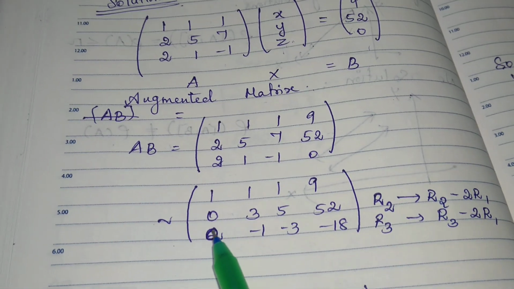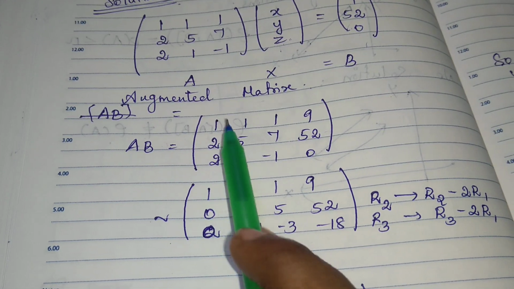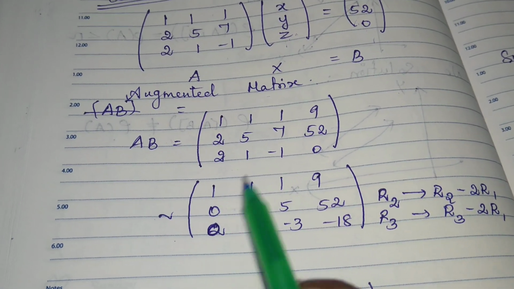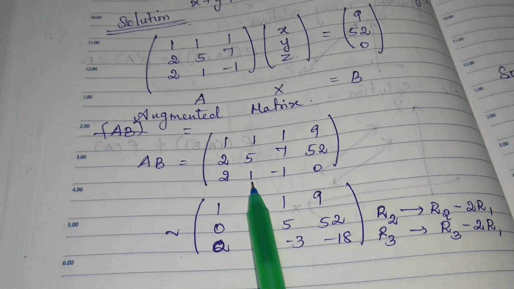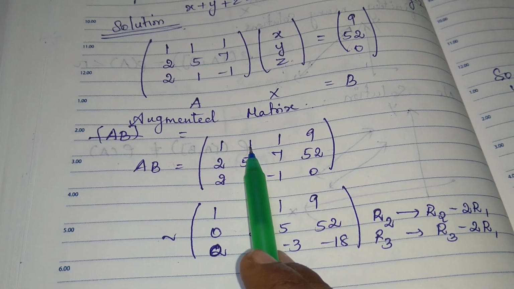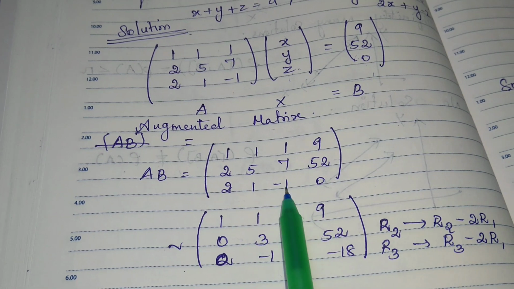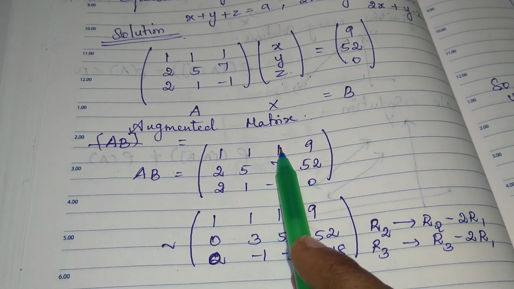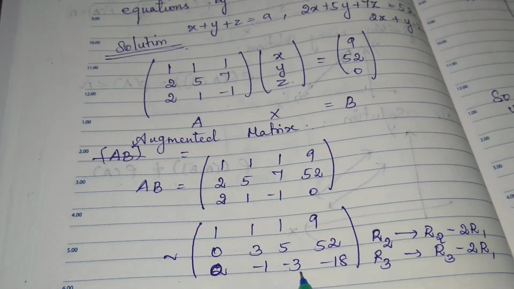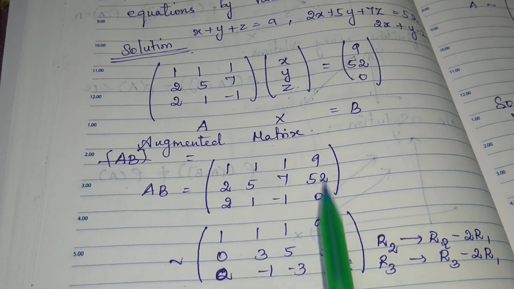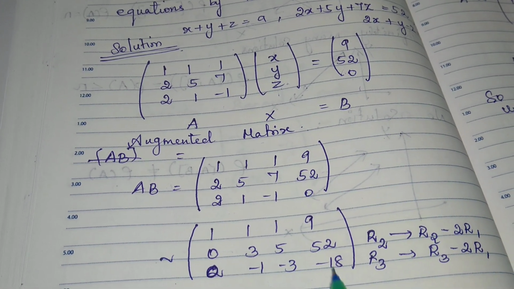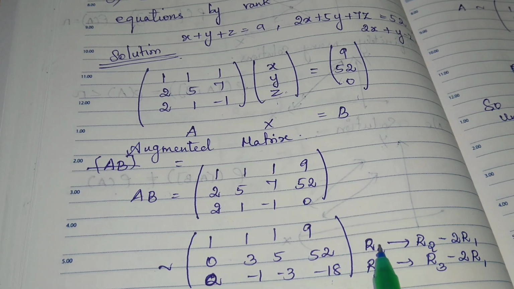That is what I have written here. When you multiply by 2, you get 0 here. Here I have 1, and when I multiply by 2, you get 1 minus 2, which is minus 1. Minus 1 into minus 2 is minus 3. This is minus 18. The same thing I do for row 2.